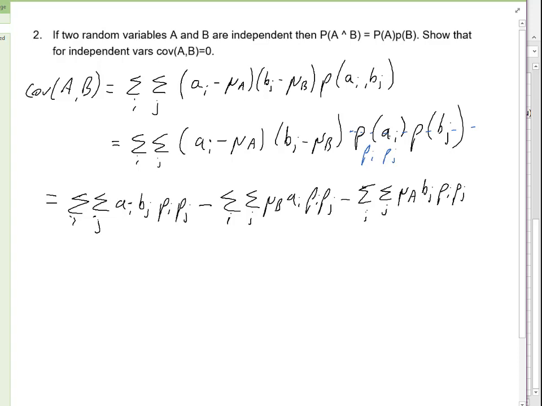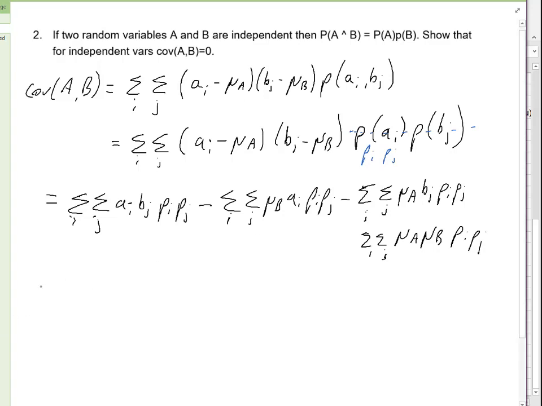This is simple because they're independent, so P stands for that in every single one. And then plus mu_A mu_B times the sum over i, j of P_i P_j, which is from the last two there.